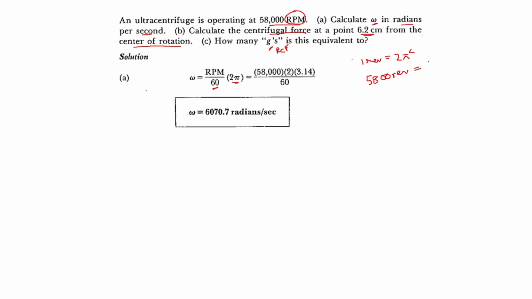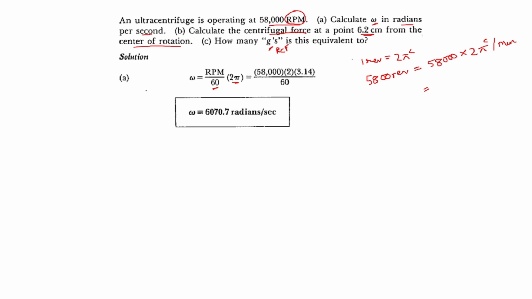58,000 into 2 pi, this much radians per minute.